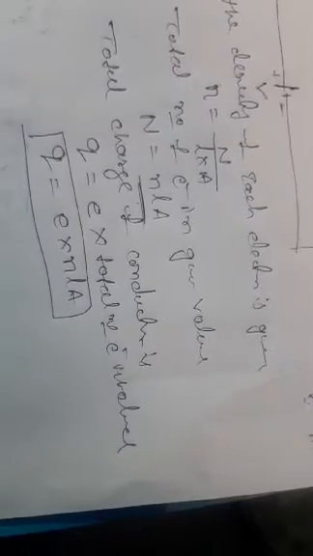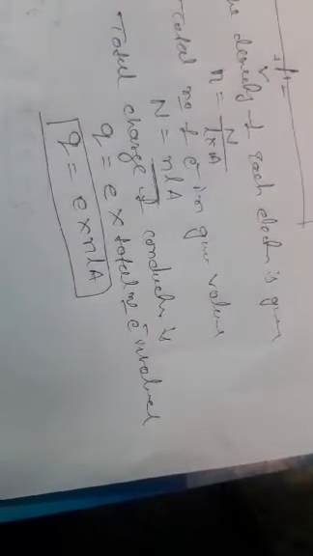So Q is equal to e into the total number of electrons, which is nLA. This equation gives the total charge in this conductor: Q is equal to e n L A, where small e is the charge of each electron, small n is the density of the electrons, L is the length of the conductor, and capital A is the area of the conductor. That is equation number one, the total charge.